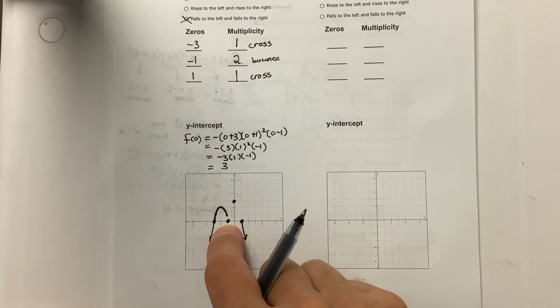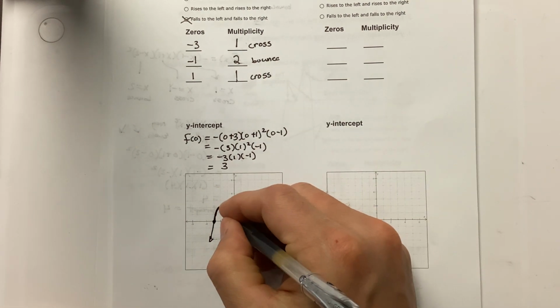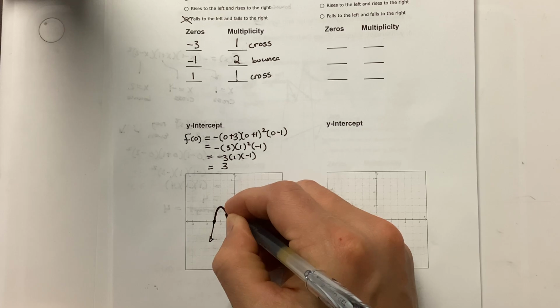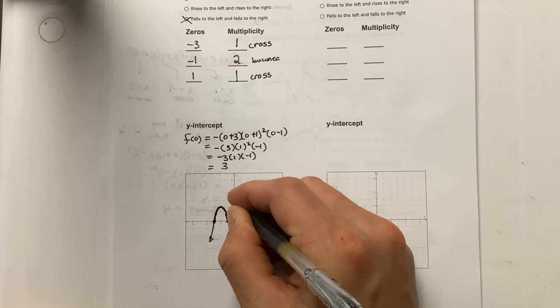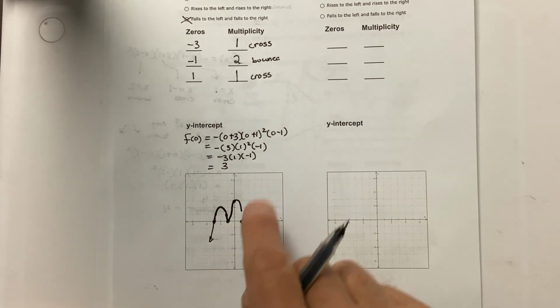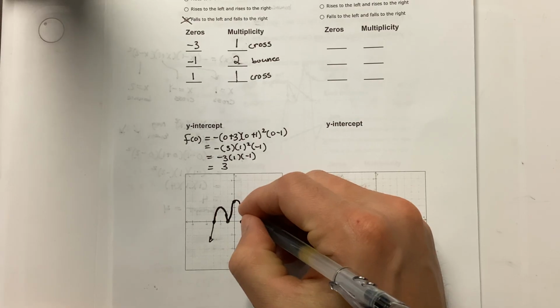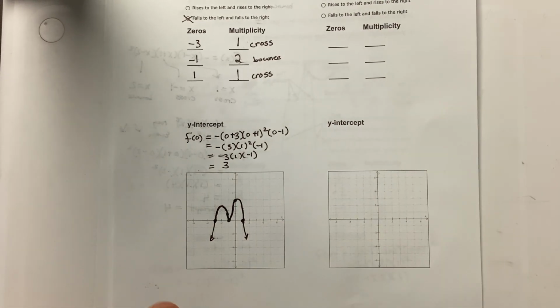Is it going to cross or bounce off of -1? It bounces. So I'm going to come back down to this, and curve back up. It has to go through the y-intercept before coming back down to this last 0 at 1. And it looks like it's going to cross. And there we have it. There's your graph.